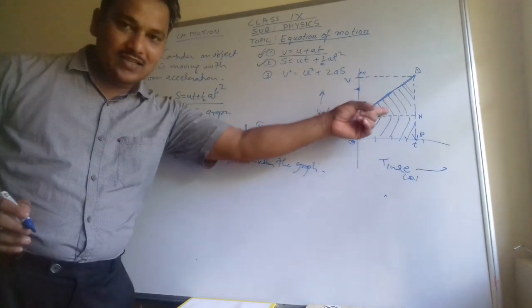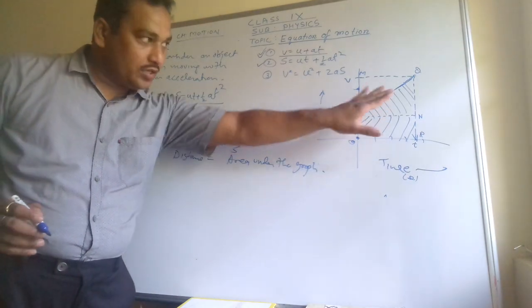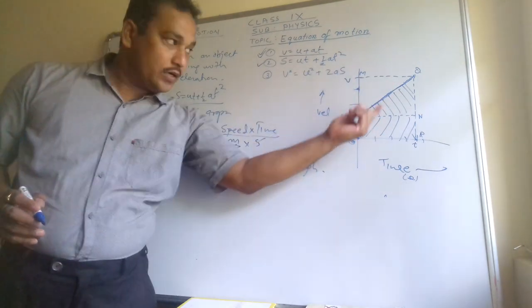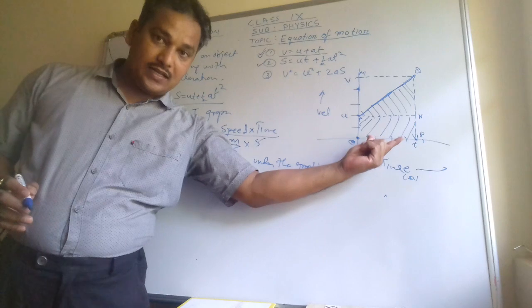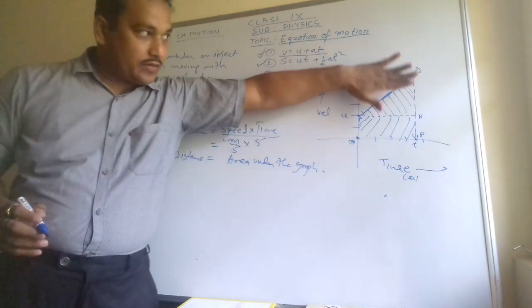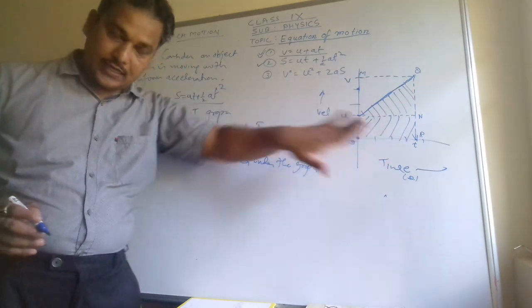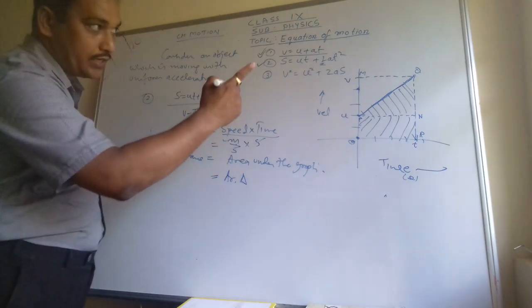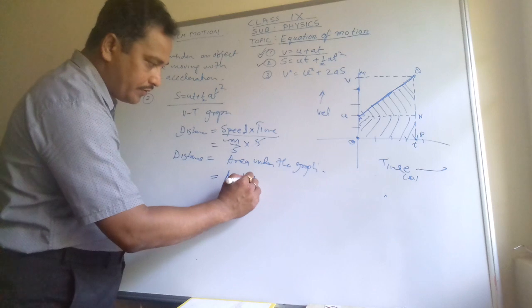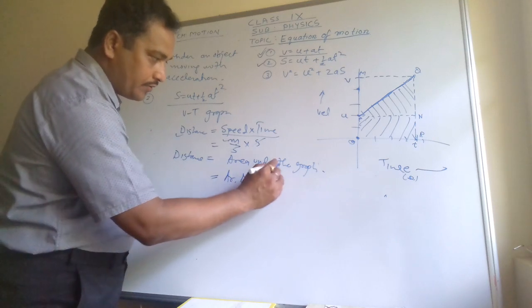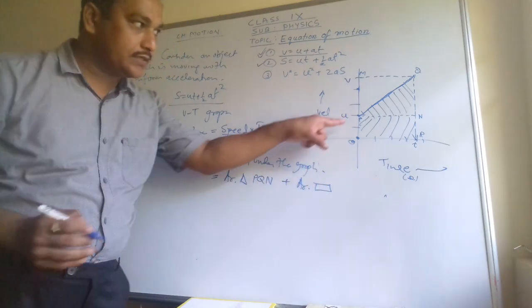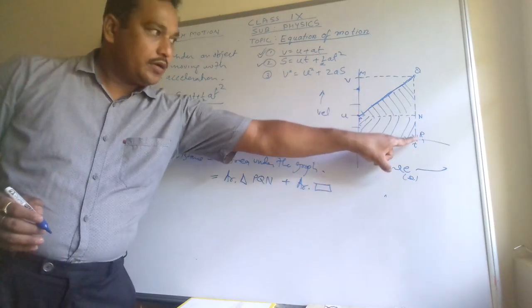So how much area is here under this? Here you can see the total shape, and you can divide it into two parts. One is the triangle, the other one is the rectangle. So total will be equal to the sum of triangle plus rectangle. So we will write this is equal to area of triangle PQN plus area of rectangle PNRO.